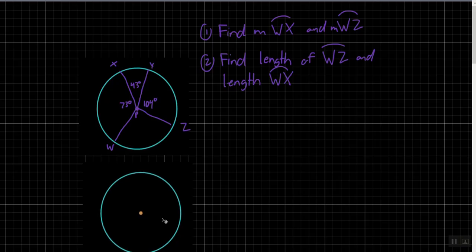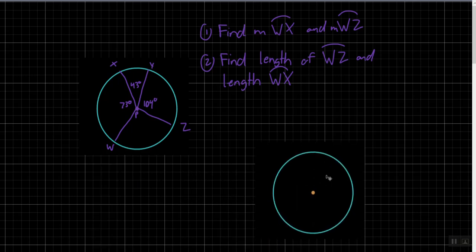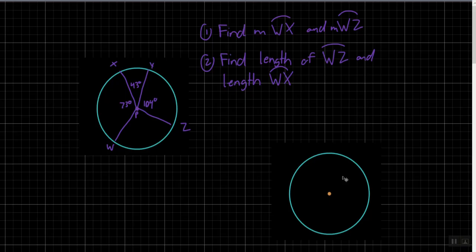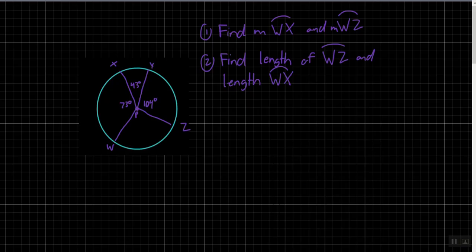S over 2 pi r. The circle with the line through it. And 3/16. This might be the end of this book. Okay, you need to find this.